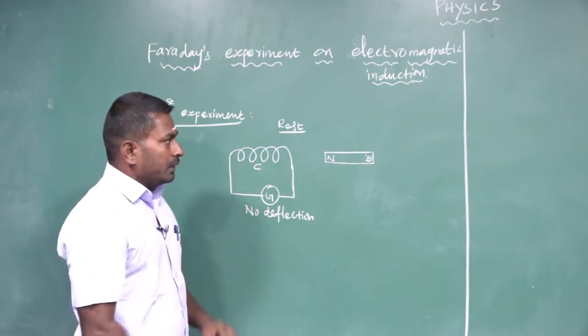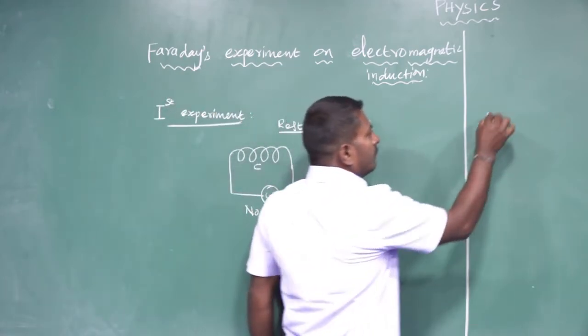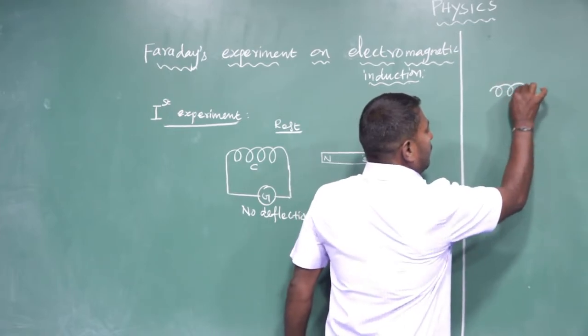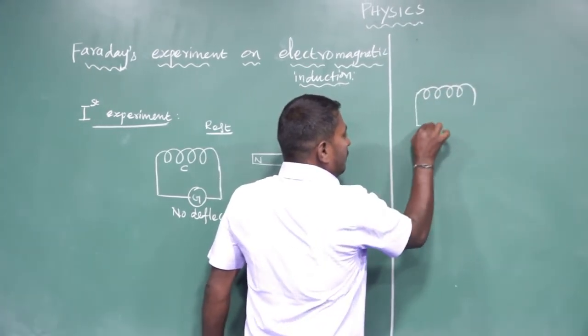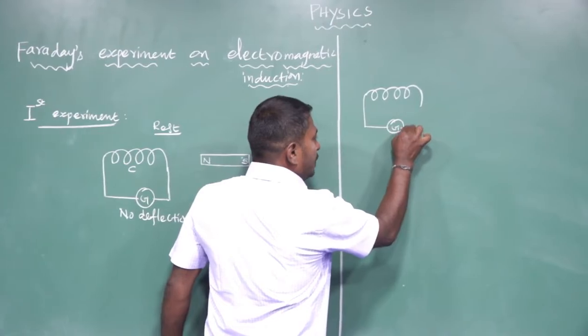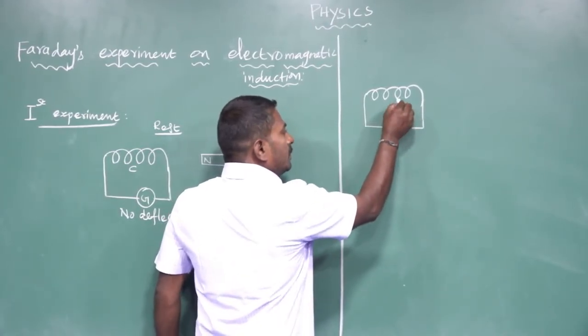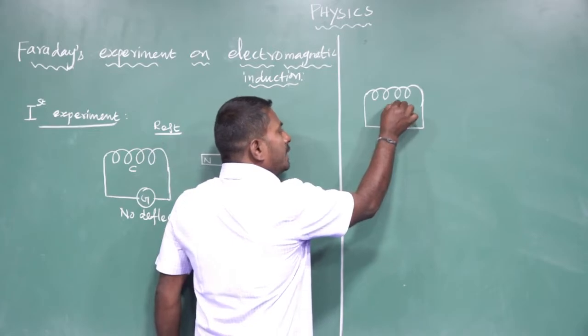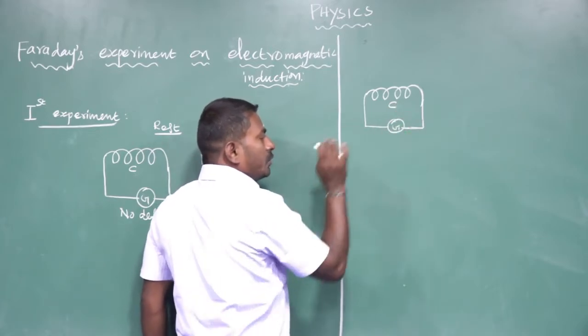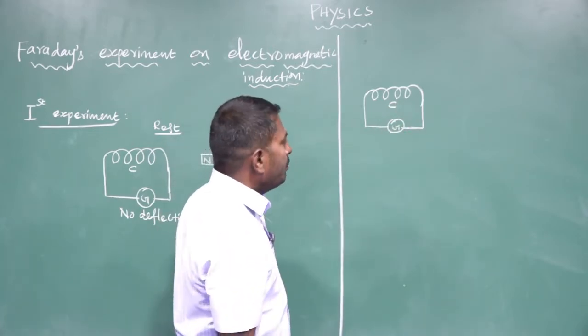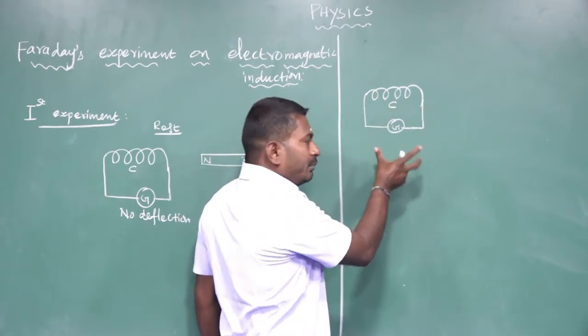Go to the next one. The same closed circuit, consisting of an insulated coil of wire C and a sensitive galvanometer, is kept stationary.